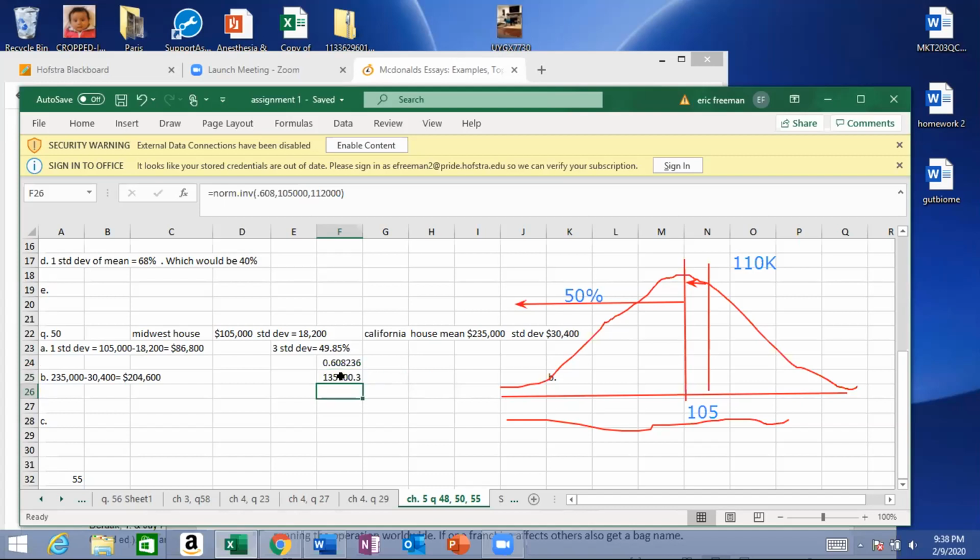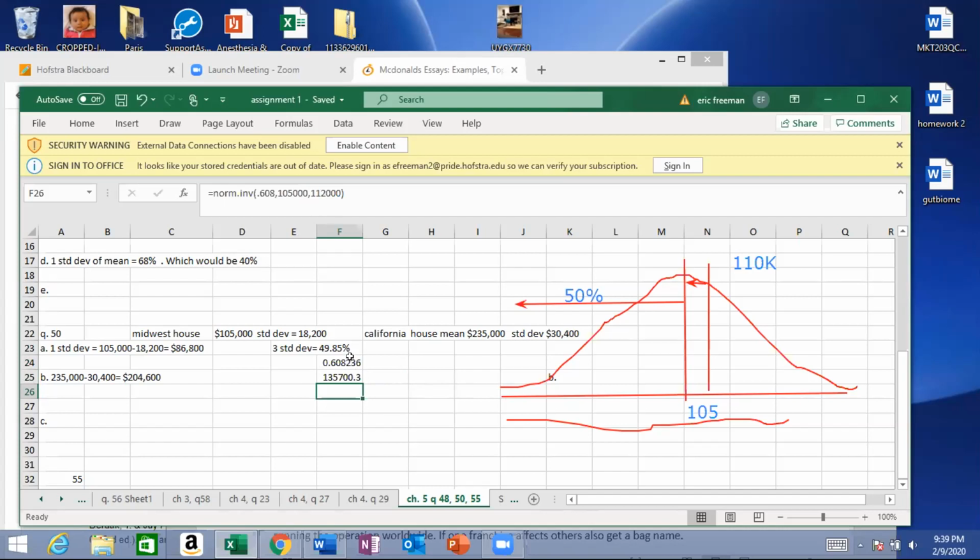See that? Okay. So it's a little bit higher, probably because if we want to be more exact, put in that 135,700, put in the norm.inv, change it to 608,236. What's that? 105. Oh, your standard deviation's way off. He actually put the wrong column in, that's why.